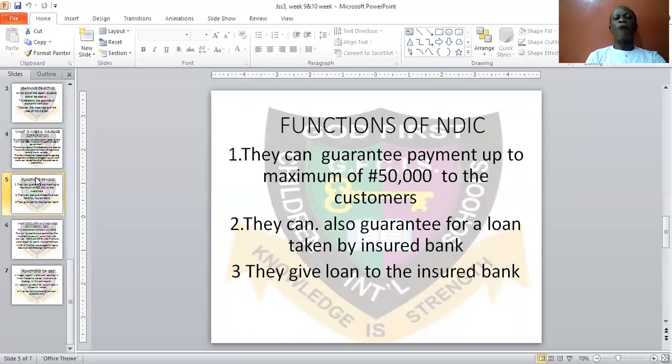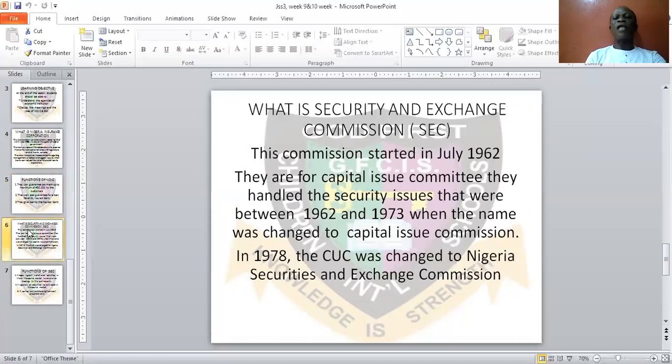It's different from this SEC, that is Security and Exchange Commission, which was started in July 1962 as the Capital Issue Committee. They handled the security issues between 1962 and 1973, when the name was changed to Capital Issue Commission.